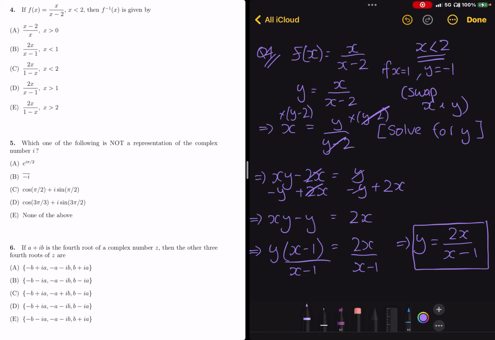If x was equal to minus 1, you'd have minus 1 on minus 1 minus 2, which would be 1/3. So y equals minus 1 when x is 1, and when x is minus 1, y will be 1/3.